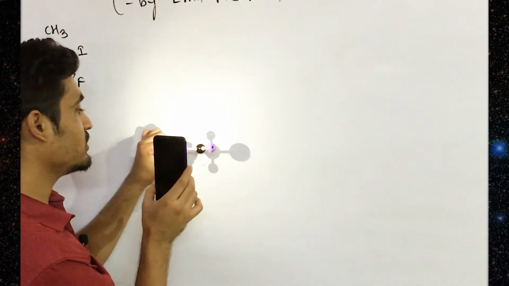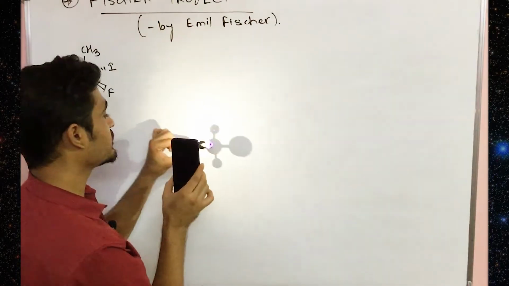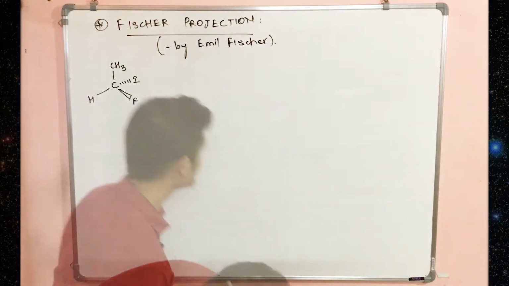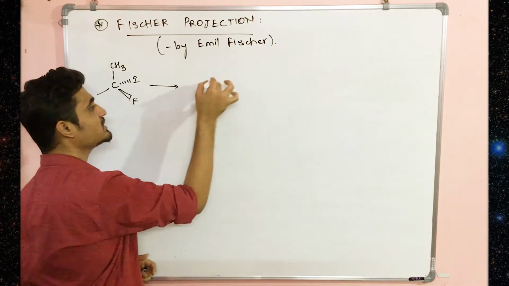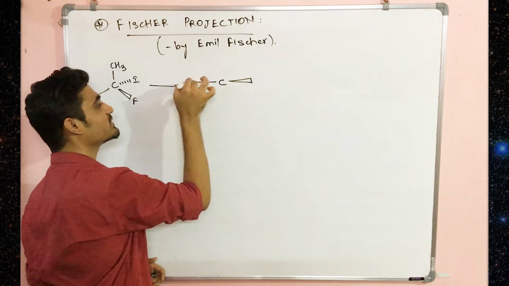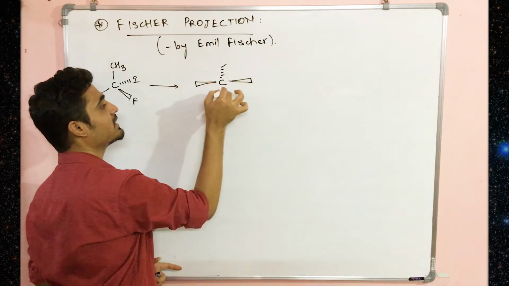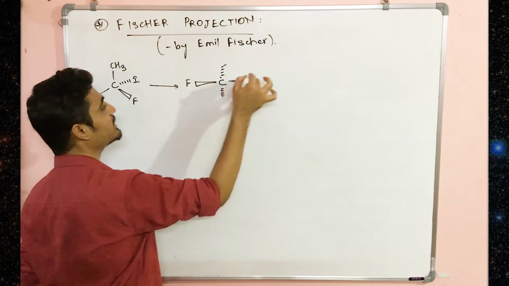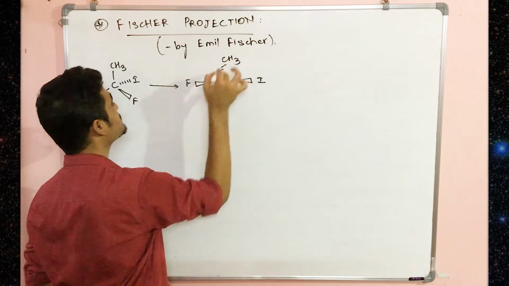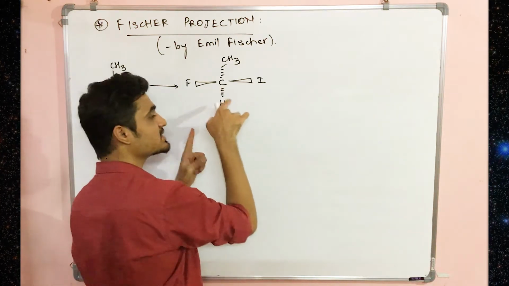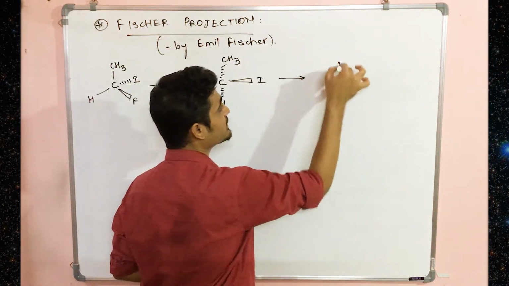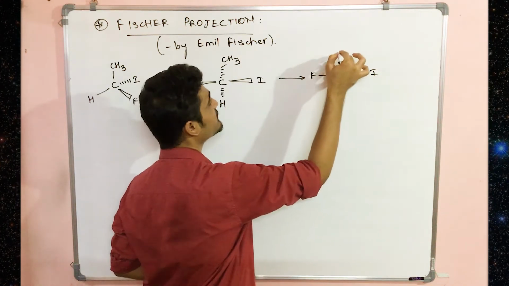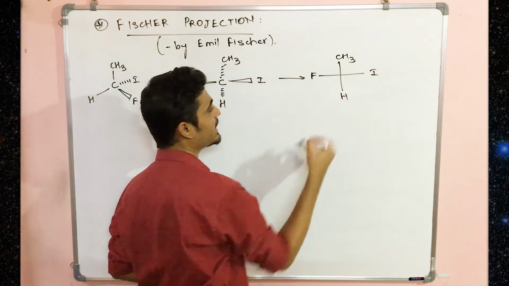So now I can represent this 3D molecule in the form of a plus, like this. Let me write it. This molecule is first converted into something like this by just rotating it a little bit, and then this F will come here, I will be here, CH3 and H, and when this is projected on paper it gives me this kind of sign where I is on the right side, F on the left, CH3 and hydrogen.